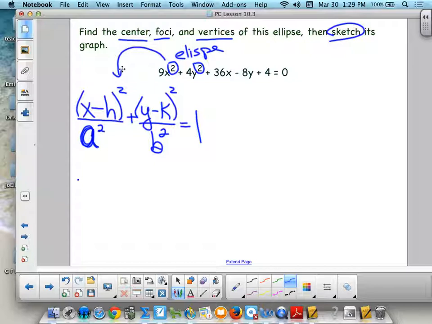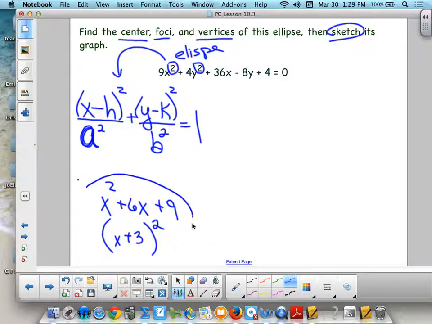Okay, watch this. X squared plus 9 plus 6x. This factors into what? X plus 3, x plus 3 times x plus 3.